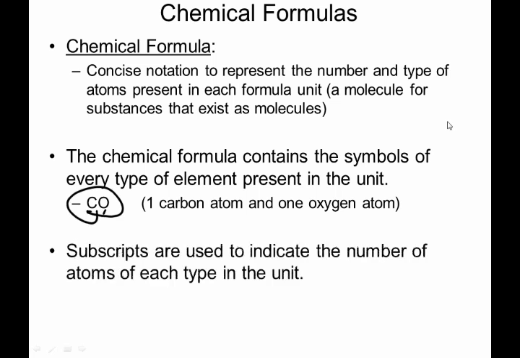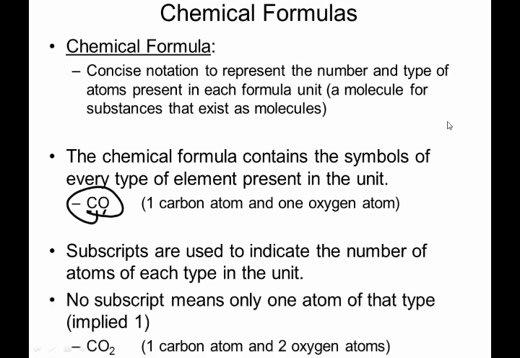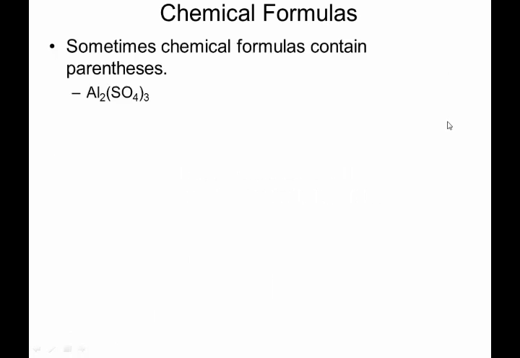We use subscripts if there's more than one. As a general rule in chemistry, if there's only one of something, we don't put a 1 after it, or later when we put them before, we don't put the 1 there. We just leave it alone. So an element without a number after it means there's just one of them in that unit. If I have CO2, that means 1 carbon and 2 oxygens. Fairly simple. Sometimes you're going to see parentheses, like this SO4 is in parentheses.